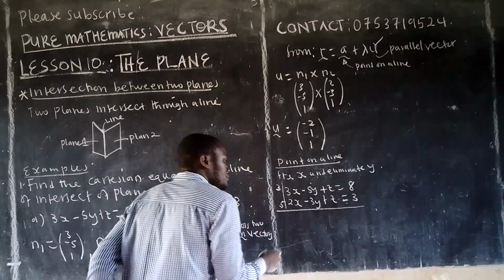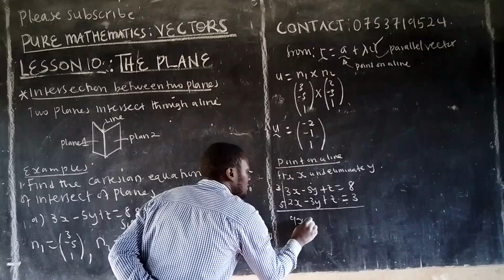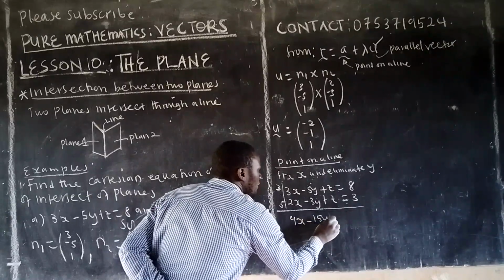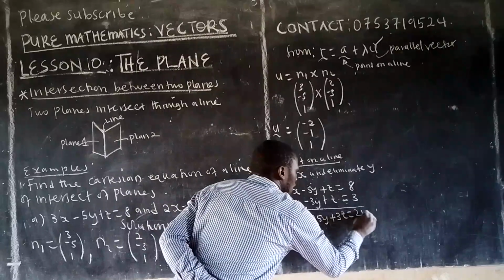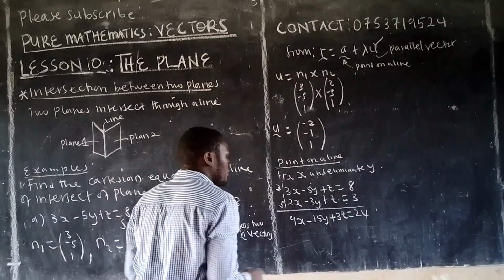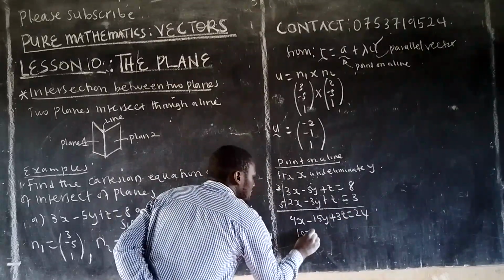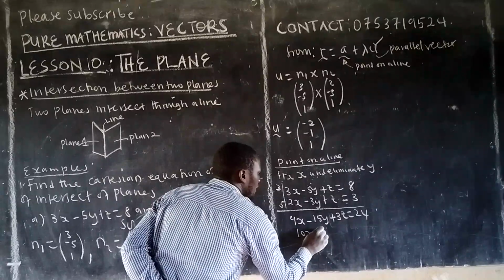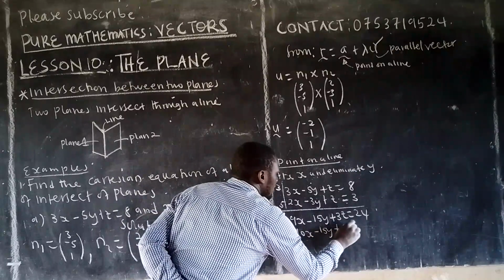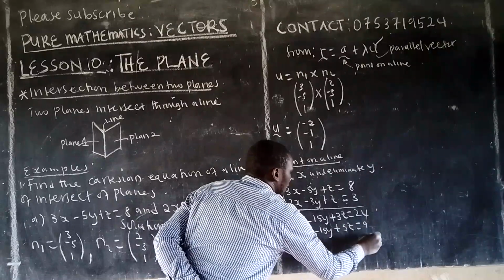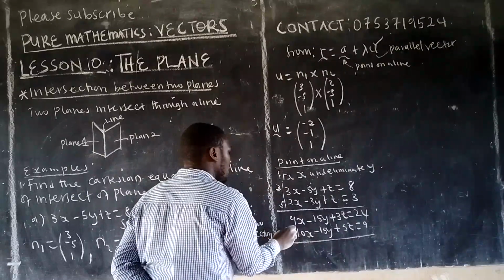So I get 9x minus 15y plus 3z is equal to 24. Here we shall now have 10x minus 15y plus 5z is equal to 9. Now how shall we eliminate this one? By subtracting.